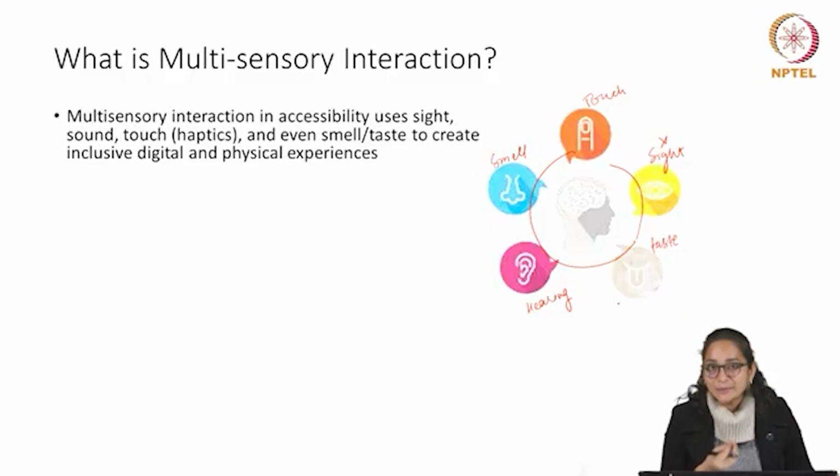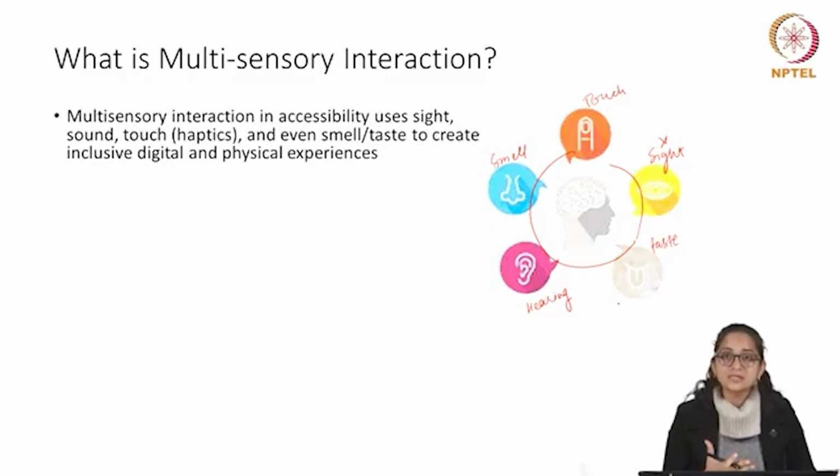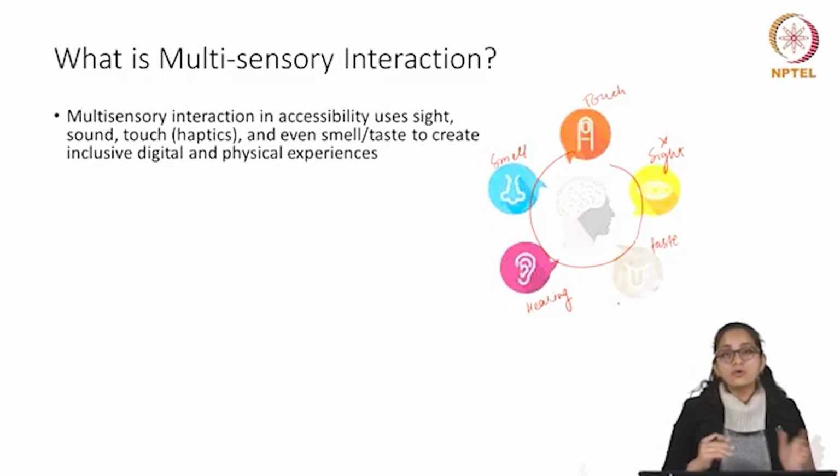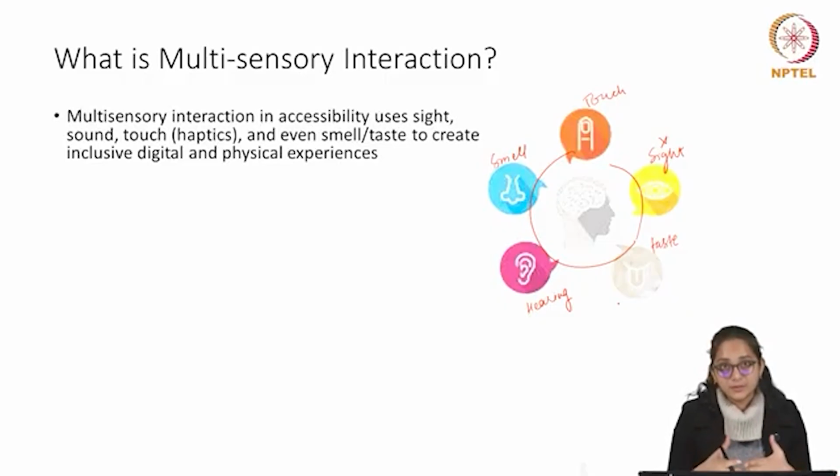So I'm still able to get an idea about where the video is or what the system is talking about, despite not having the need to continuously visually interact with the system. Right? So it also enhances the overall experience of a person.